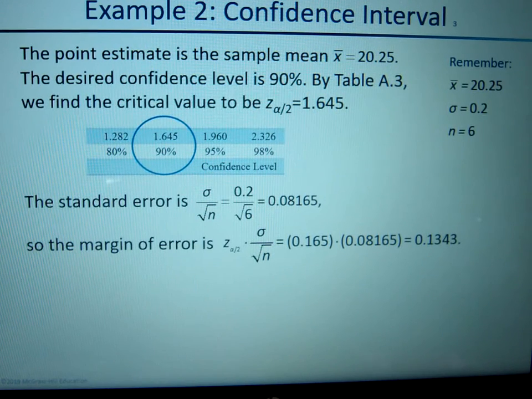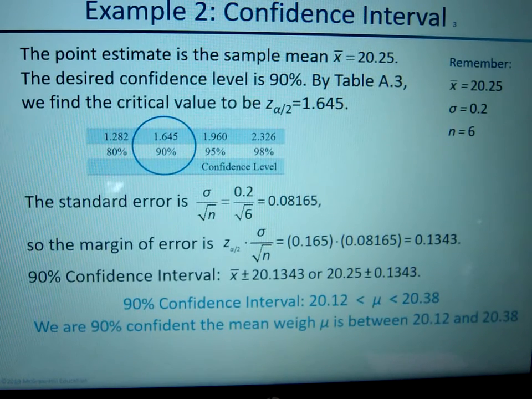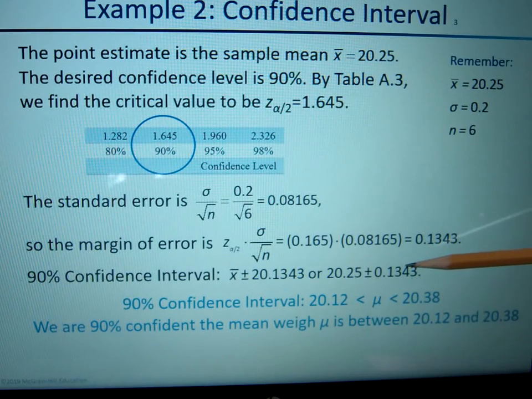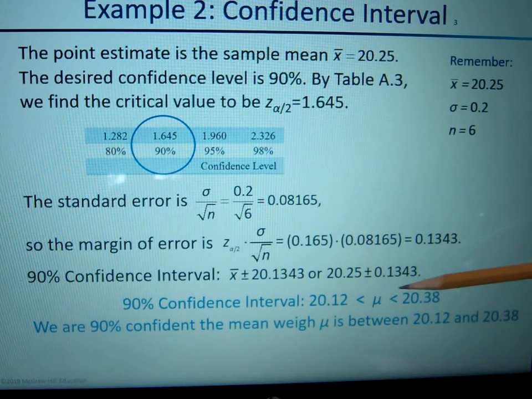0.1343. Now, the 90% confidence interval that I'm developing with that is plus or minus 0.1343. So I have my 20.25, and I'm adding and subtracting this value of 0.1343.